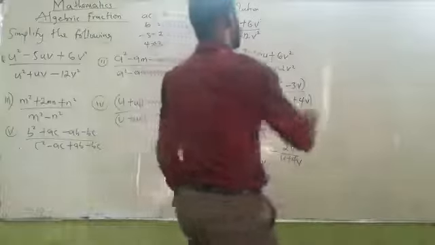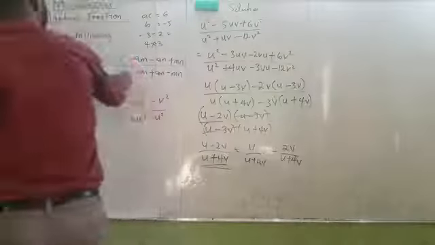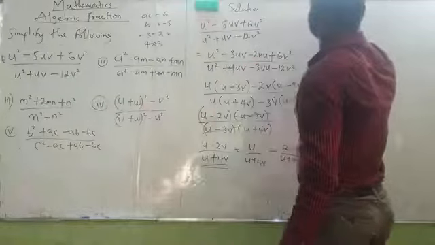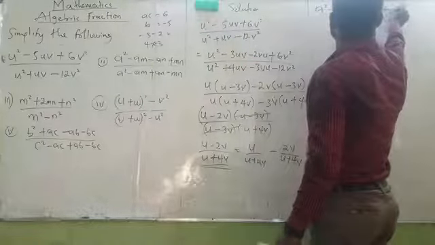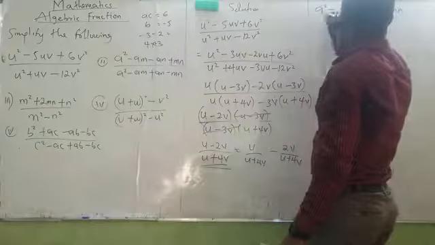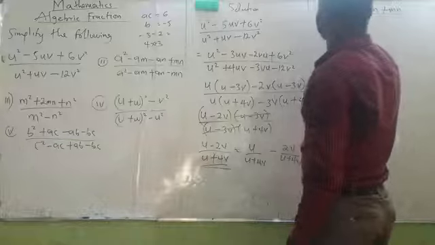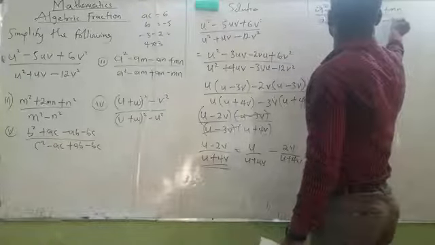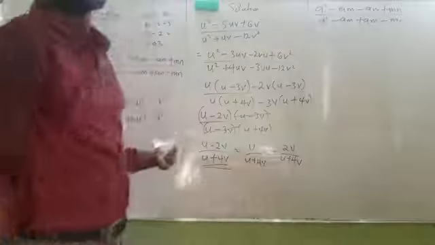Now, another question is there. Now, I need to work on this. This is a very straightforward one. I have a squared minus am minus an plus mn divided by a squared plus am plus an plus mn. What I need to do here is very simple also.